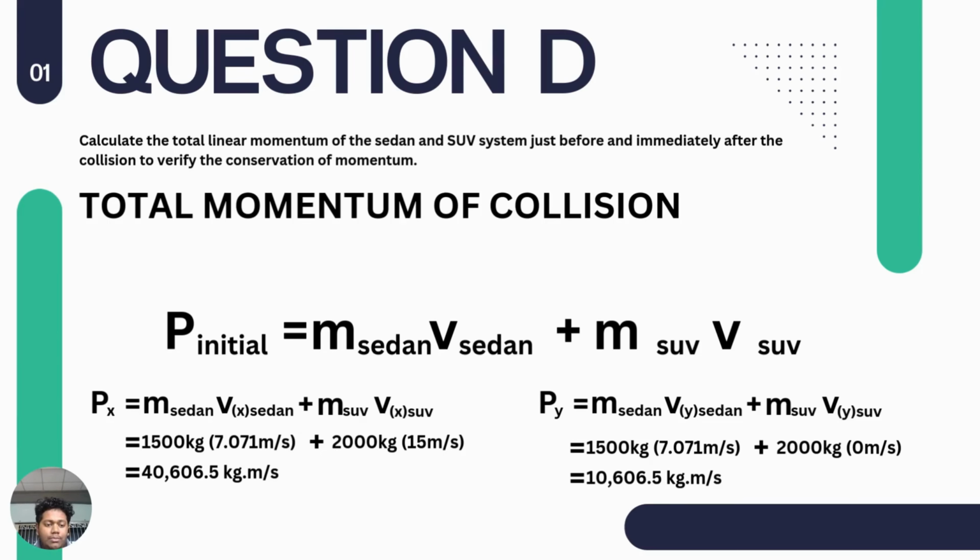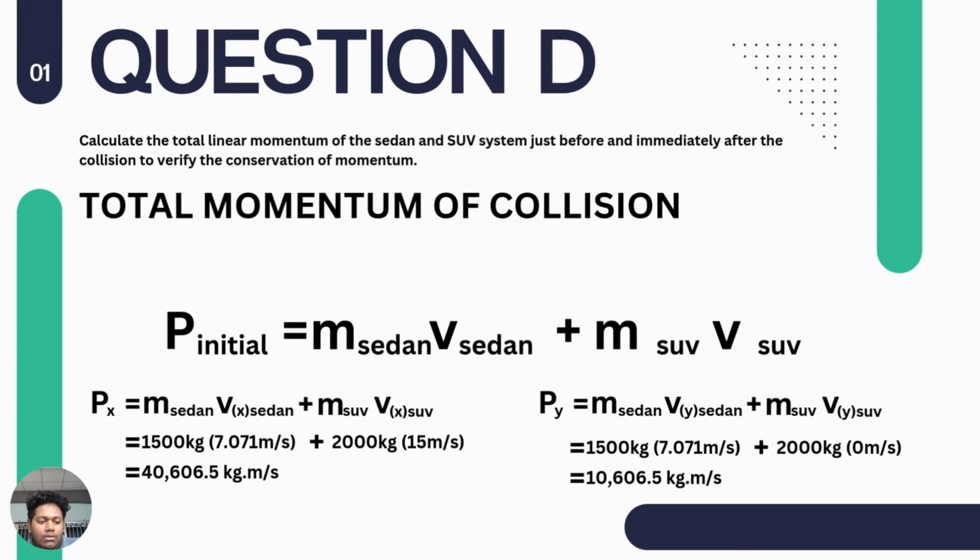In terms of x, p initial x is the product of the mass of the sedan and velocity of the sedan in the x direction, plus the product of the mass of the SUV and velocity of the SUV in the x direction.